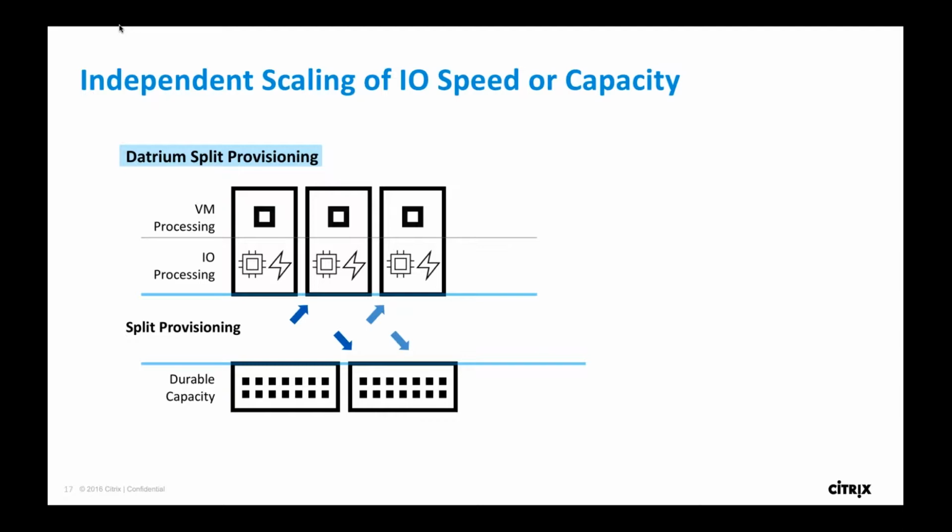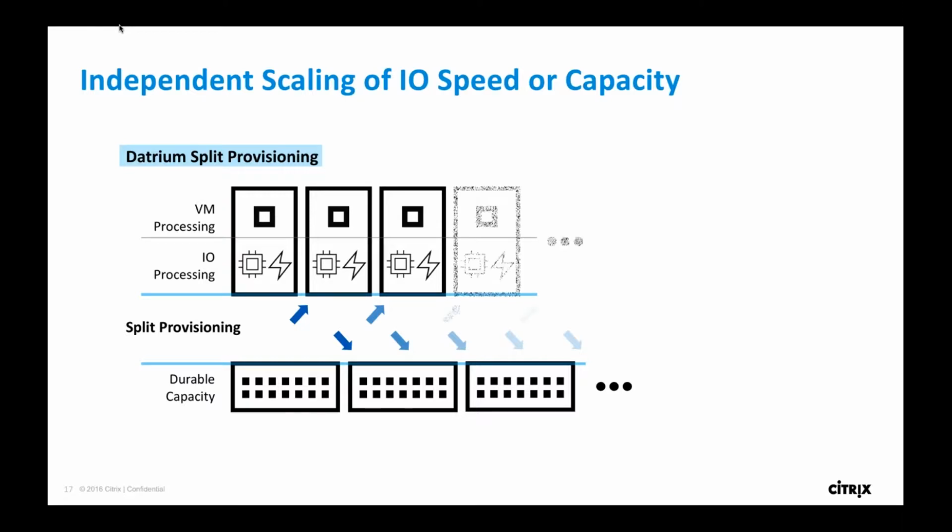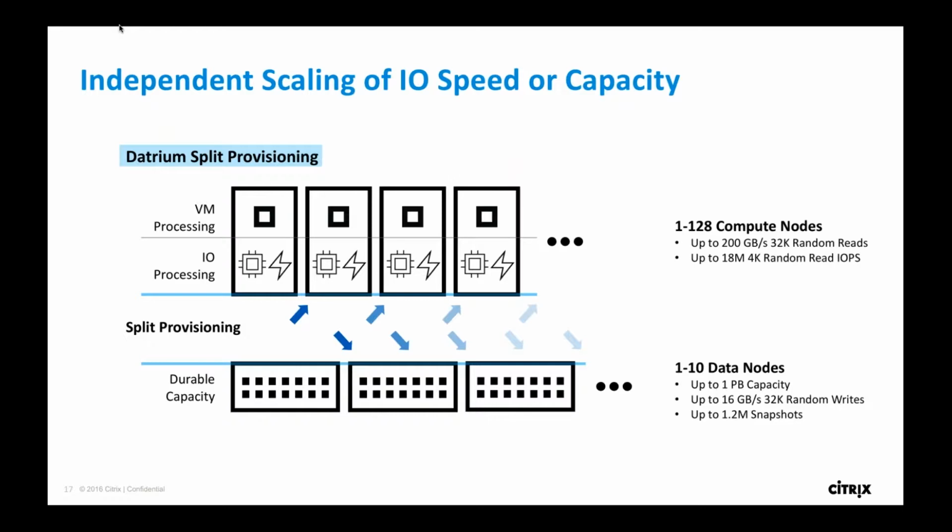If you look at HCI solutions, every time you add a new compute node because you need more server capacity, so CPU, you're actually adding more storage as well. You end up with a lot more capacity than you need. This solution, because it's decoupling compute from capacity and performance, lets you grow as you need. You could end up with 32 servers in one data node, as an example, which makes a lot of sense in VDI environments.